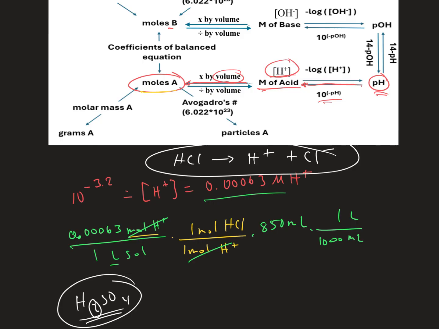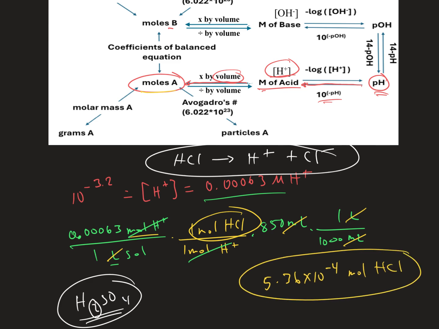So that goes away, and now the liters goes away. And that's it. Our answer is left with moles of HCl, which tells us we're done. Multiply, divide, and we'll get 5.36 times 10 to the negative 4 moles of HCl, if I did my math right.